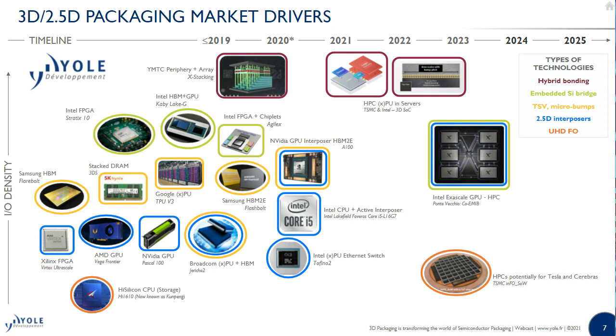So there is strong R&D effort to drive the advanced packaging towards technologies like TSV, 3D stack memory, 2.5D interposers, ultra high density fan-out, embedded silicon bridge, 3D SoC, hybrid bonding, and each is trying to bring the I/O density to the next level with more functional integration, in a way pushing the limits into the higher end of the space.